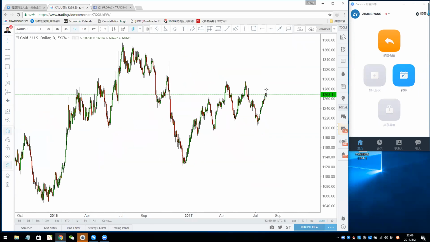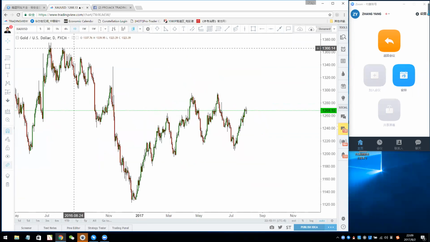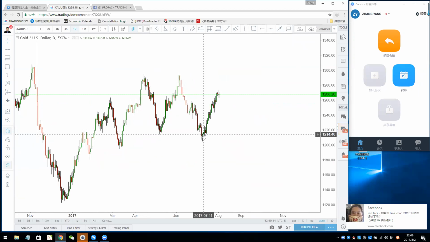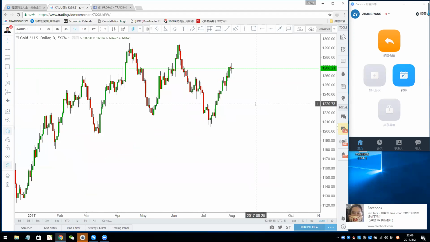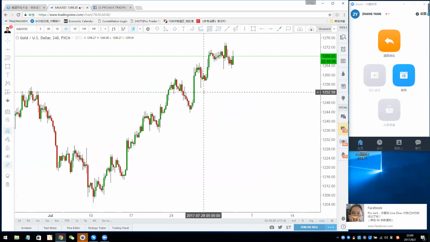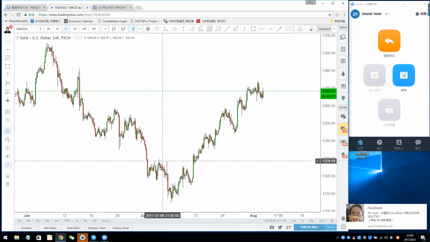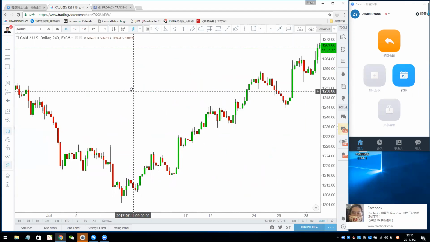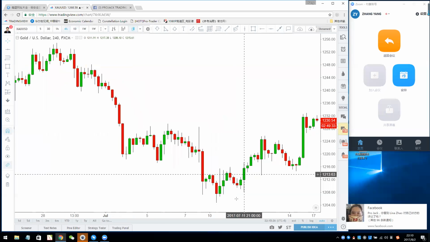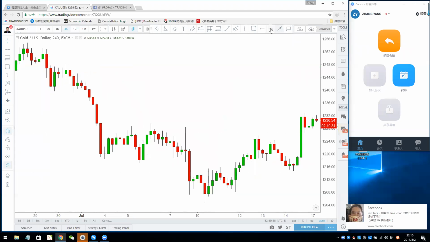Okay, the gold has been rallying recently, since July. We have been longing the gold after it made a double bottom, made a 2618 trade, and made a 618 pullback or the structure pullback.